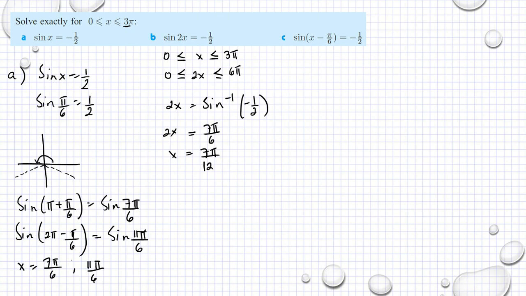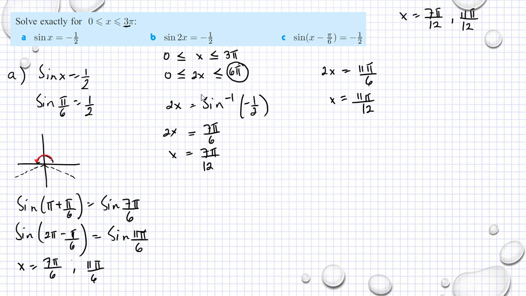That's our first. The second that we have there is 2x is equal to 11 pi divided by 6, so our other x is 11 pi divided by 12.